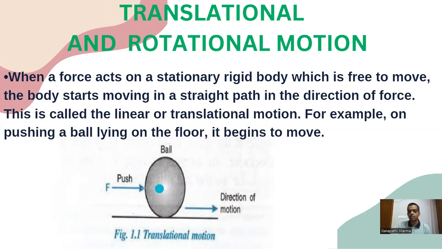The direction of the force you have applied, the body starts moving. This is called linear or translational motion. For example, on pushing a ball lying on a floor, it begins to move. It is an example of translational motion or linear motion.